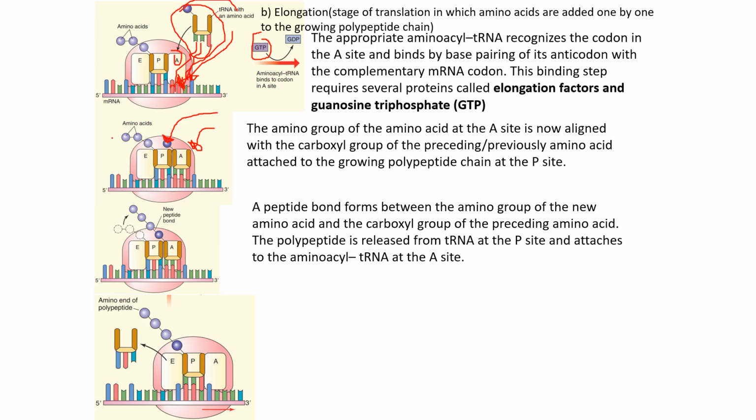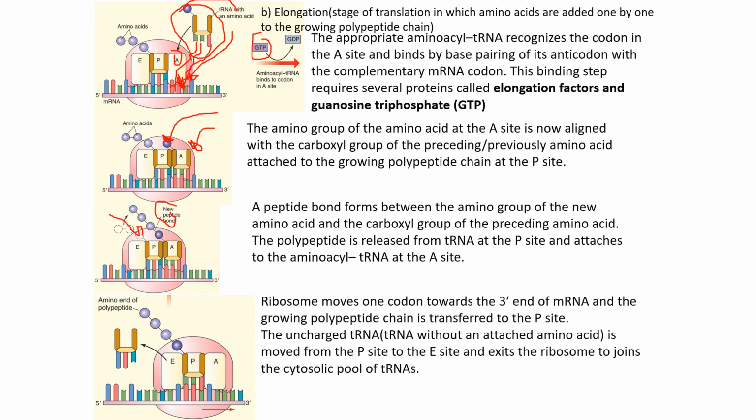That's what you can see in this diagram here. So the strand of polypeptide in the P site will shift to the A site. The polypeptide is released from the tRNA at the P site and attaches to the amino acid tRNA at the A site.